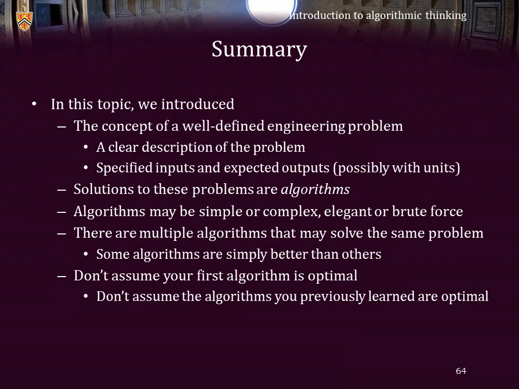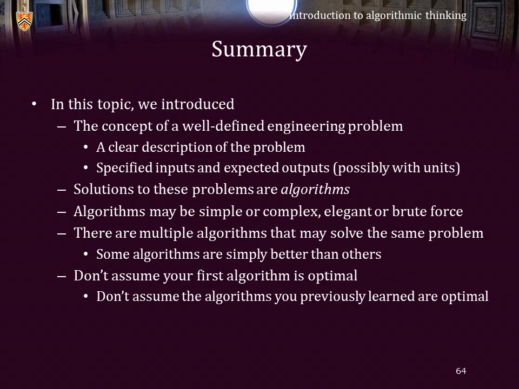Thus, in this topic, we have introduced the concept of a well-defined engineering problem. That is, we have a clear description of the problem, and later we will include requirements and constraints. We have specified inputs and expected outputs, possibly both with units.